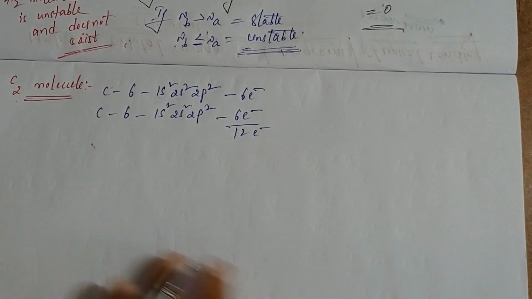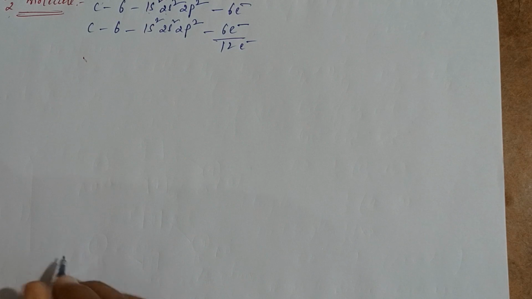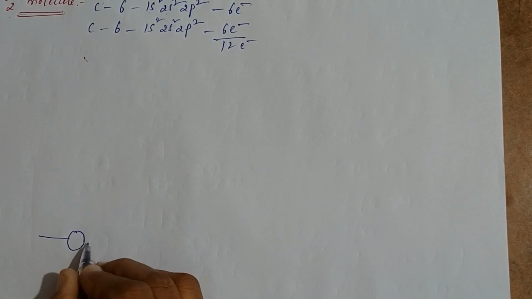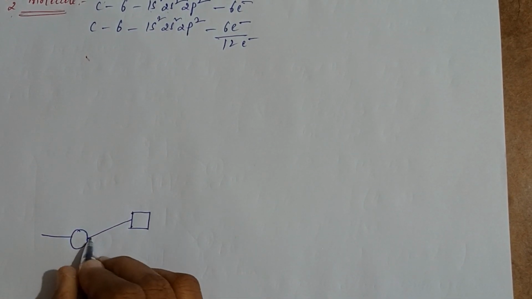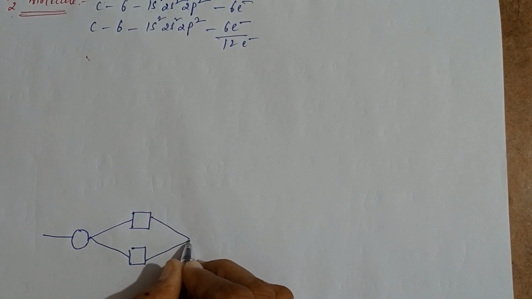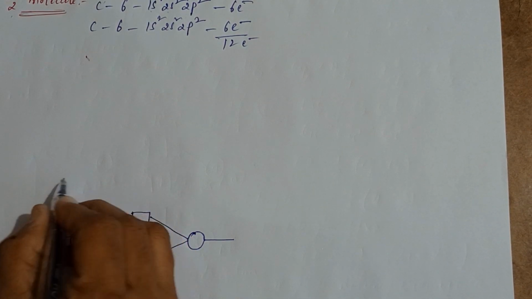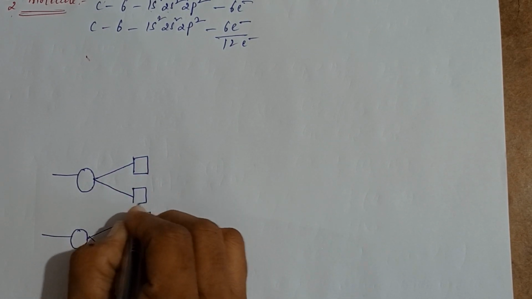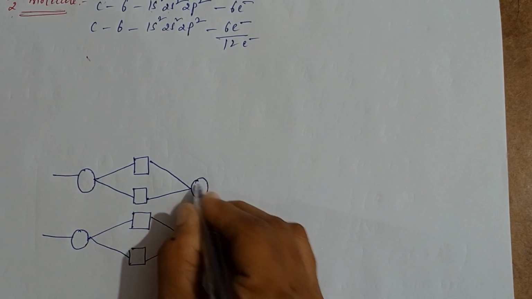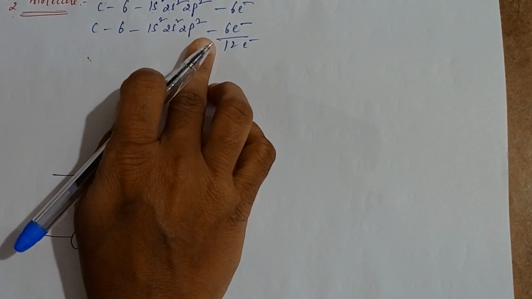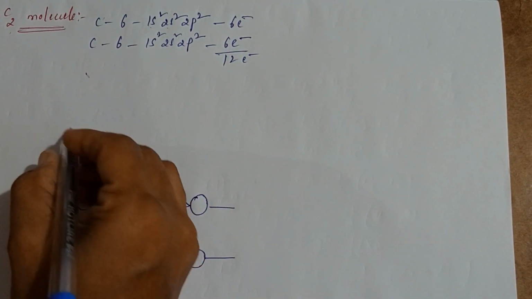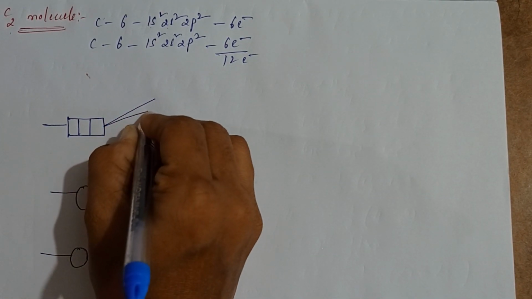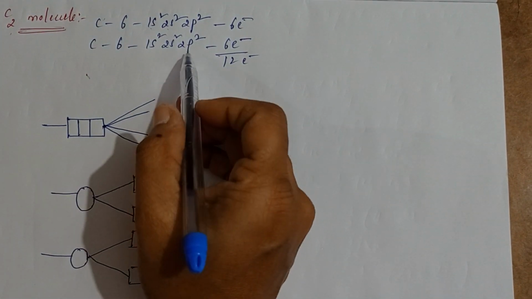Now see here, the C2 molecule. First from down to up I will take this as 1s, this is 2s, and next 2p.